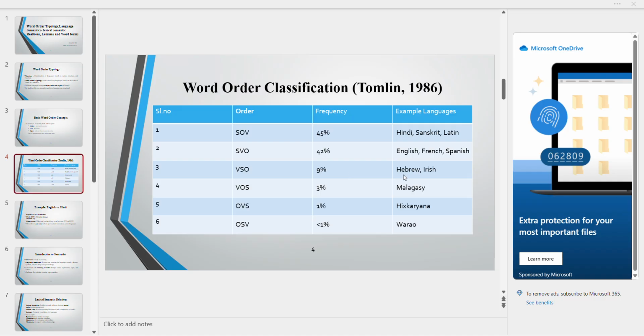It was found in Arabic, so the frequency obtained here is 9% only. Then verb object subject, object verb subject and object subject verb are used rarely.